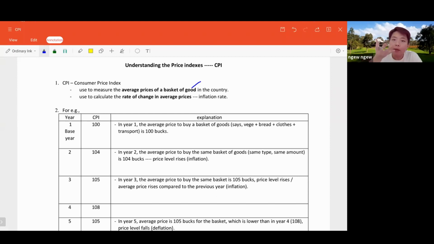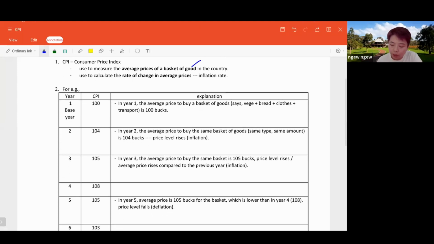When this basket has a change in price, it will be reflected in your CPI. By calculating the rate of change in your CPI, you can tell the inflation rate in the country year to year. So now let's understand the CPI first.